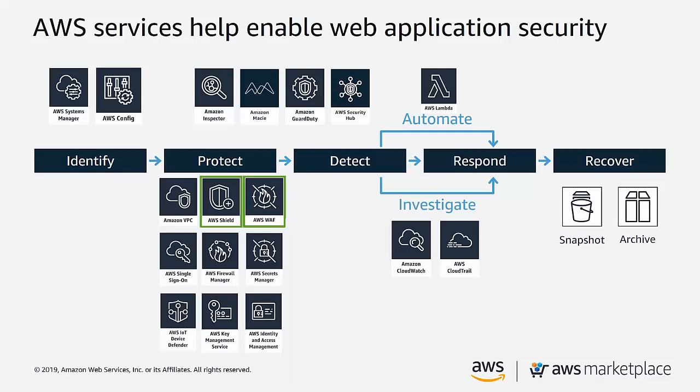Now, since we're focusing on web application security today, there are two services that I want to double click on a little bit. The first one is AWS Shield, which is a DDoS, or distributed denial of service, protection service. It sits in front of your applications running on AWS and provides always-on detection and mitigation to minimize your application downtime and latency.